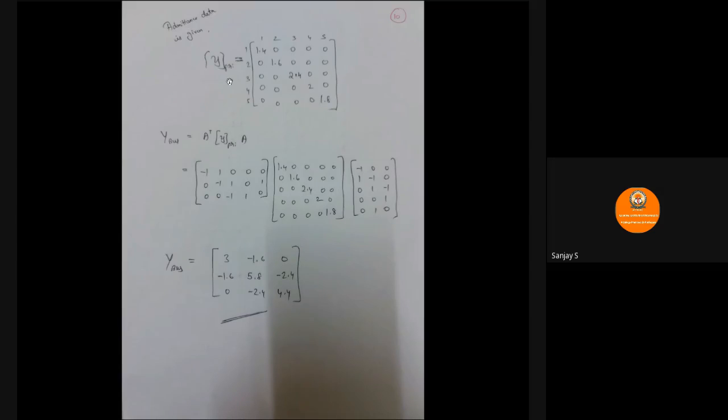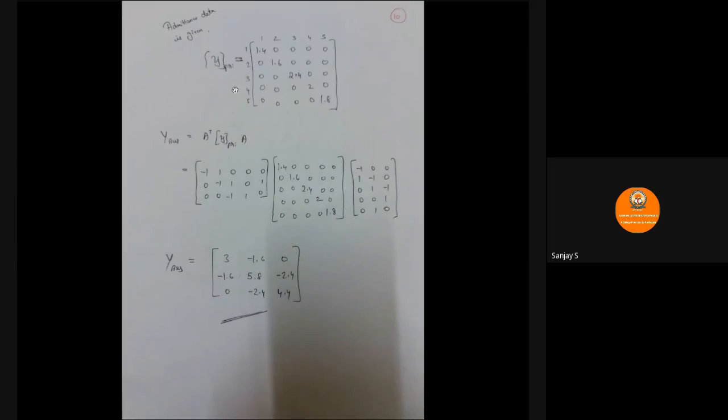Moreover, mutual impedance is not present here. If mutual impedance or admittance data were present, we would have to write Z primitive and then find the inverse of Z primitive. But here only self admittance is given. So it's straightforward. We can just put the self admittance elements diagonally. There are 5 elements, so the size of the primitive matrix will be 5 cross 5.